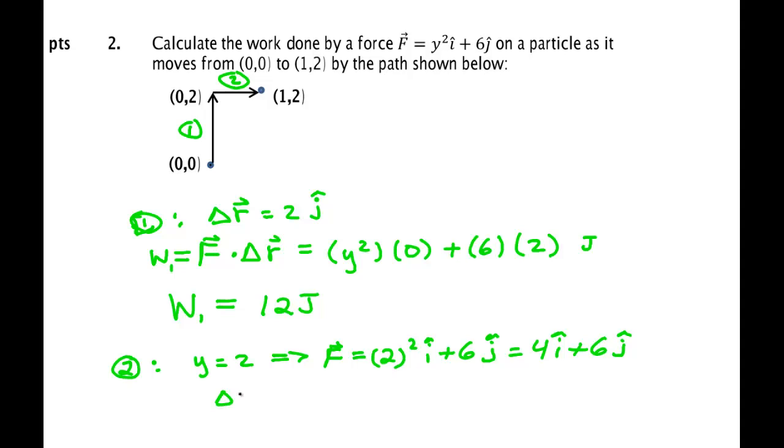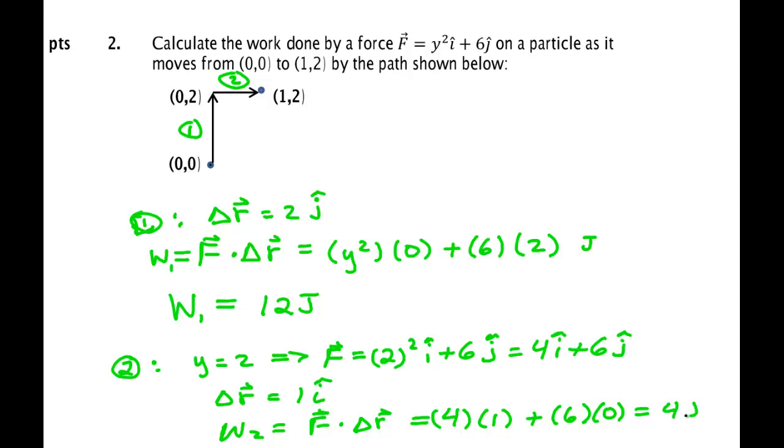The delta R, the displacement, is 1 unit in the i hat direction. So work 2 is the force dotted into the displacement, which is the x component here, which is 4, times the x component of delta R, which is 1, plus the y component of the force, 6, times the y component of delta R, which is 0.